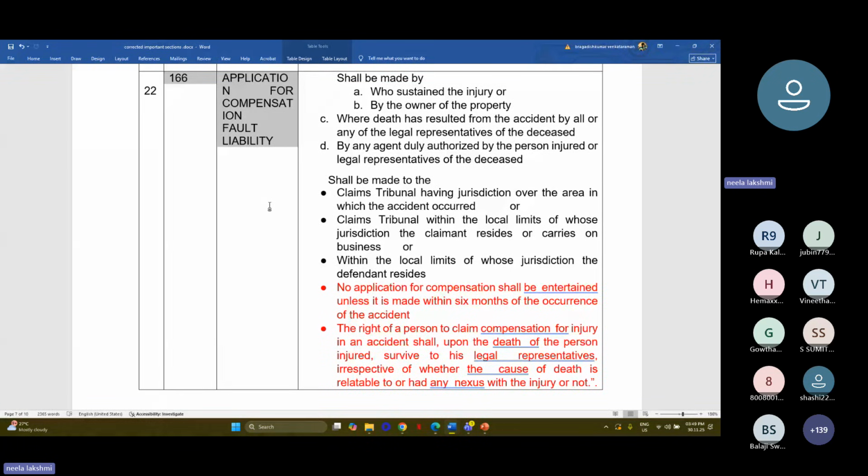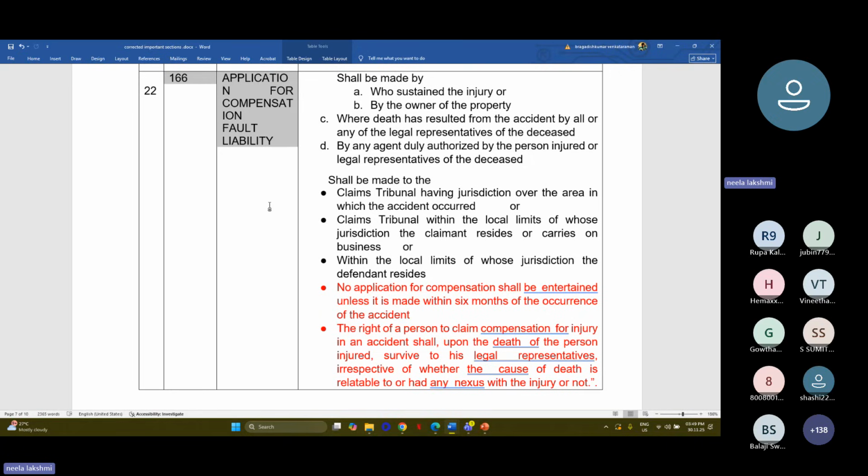This is the most widely used section for filing compensation petitions. 166, it is the widest of all. One can make an application under 161, that is the hit and run application. One can file an application under 164, which is based on no fault liability.